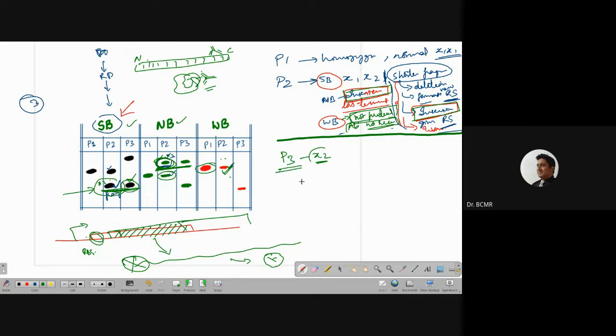But then there is a different one. There is another allele here, and we can call it X3. We are trying to talk about what the X3 mutation is. Same logic as what we have discussed here. That is how we are supposed to think.